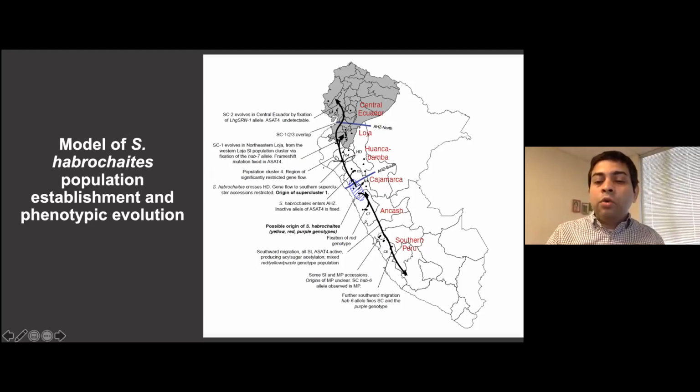After origin, it moved. There were two branches. One moved to the north, one moved to the south. But there were independent establishments of cluster 7 here in the Ancash region, as well as clusters 5 and 6. And then there was independent evolution of self-compatible groups in the northern and southern parts of the range.